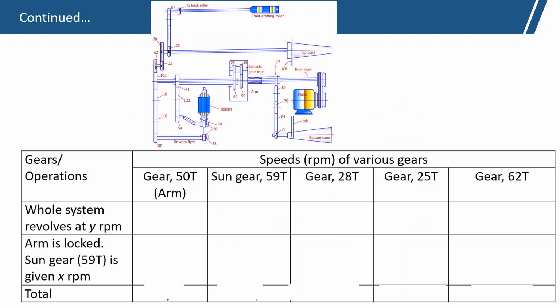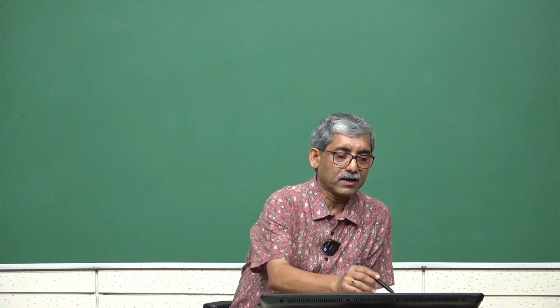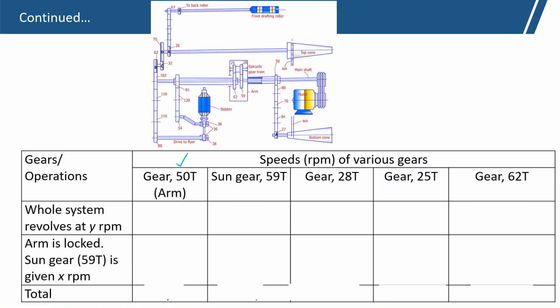Now, as the number of components has increased, we will see all the components. Gear 50 teeth, this one is the arm. Gear 59, this one is the sun gear.